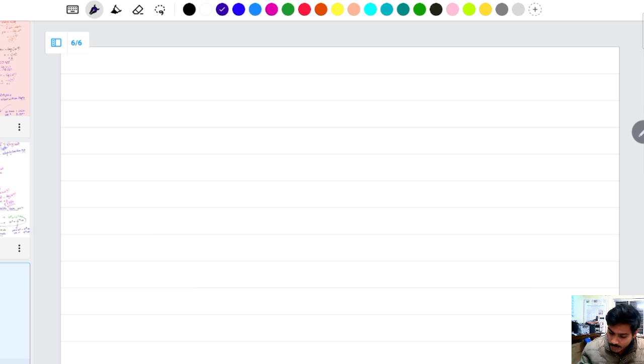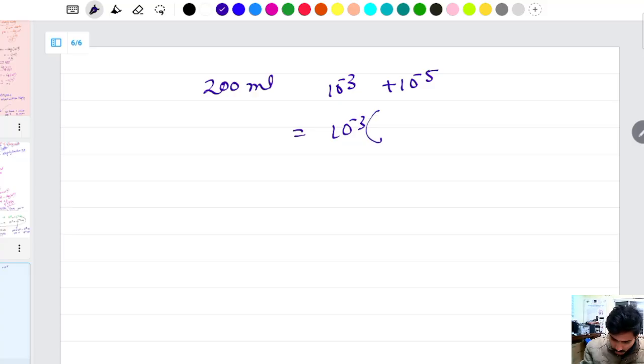Pattern is there. Okay, let's talk about the 200 ml. In 200 ml, what will be there? Like 10 to the power minus 3 mole plus 10 to the power minus 5. So it will be like 10 to the power minus 3, 1 plus 0.01.